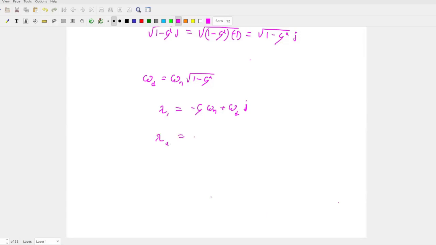Lambda 2 is equal to negative zeta omega n minus omega d j.